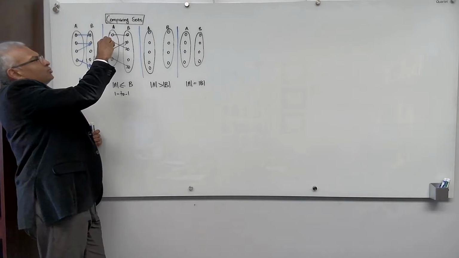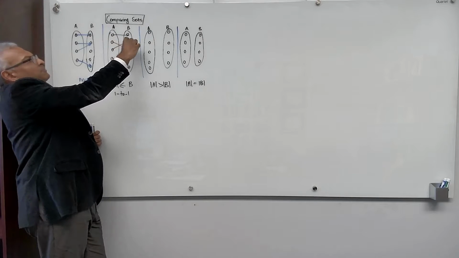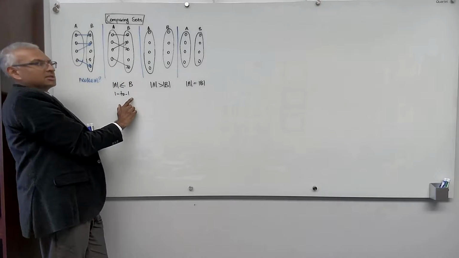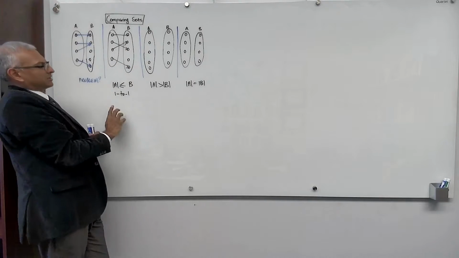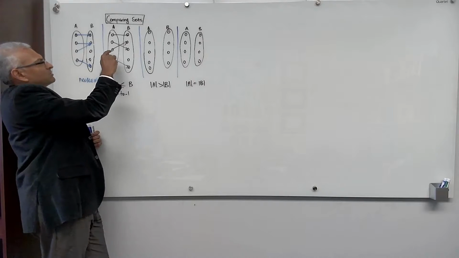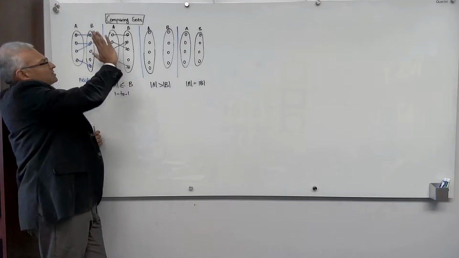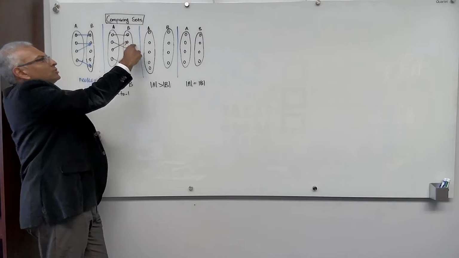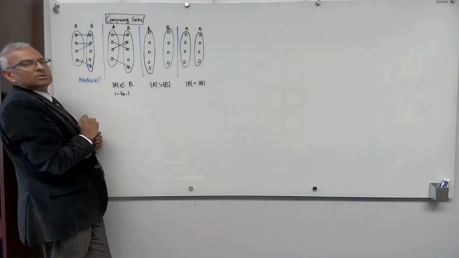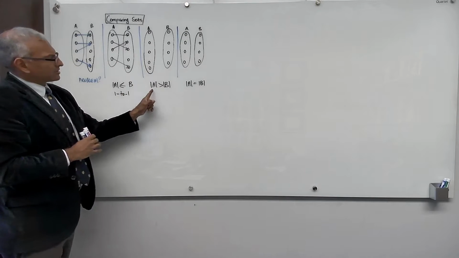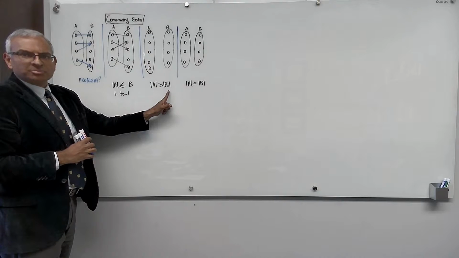Two different elements of the domain are mapped to two different elements in the range. That's what one-to-one means. Here we had 2-to-1. Here 1-to-1 means that one maps to one and a second one cannot map there. But observe that this is a well-defined function, even though we don't use the whole of B. For example, we don't use that point. Now, here's a situation where the size of A is less than or equal to the size of B.